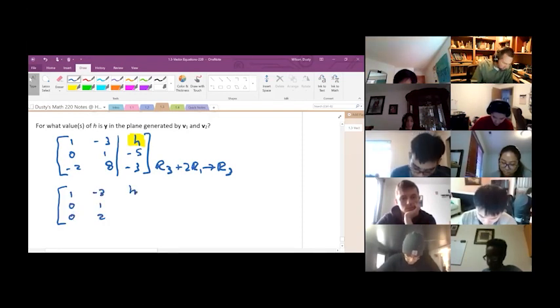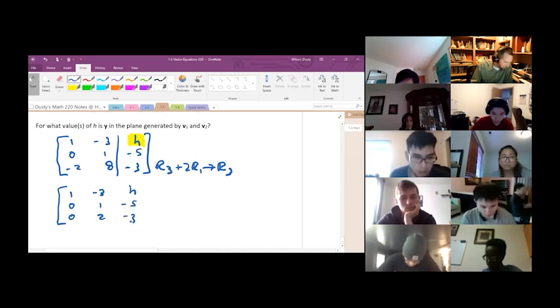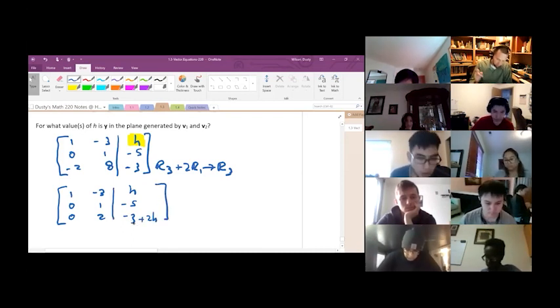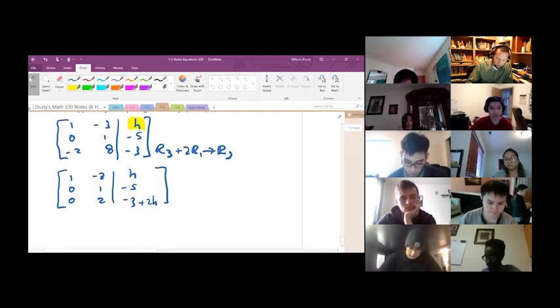Now I'm going to have h, -5, and -3 plus 2h. So we're approaching the row reduced form, but we're not quite there yet. What did we do?